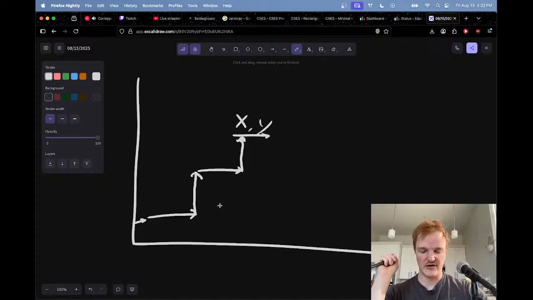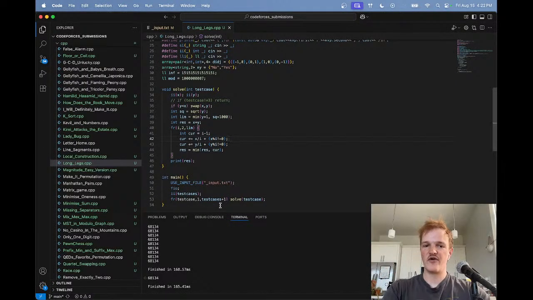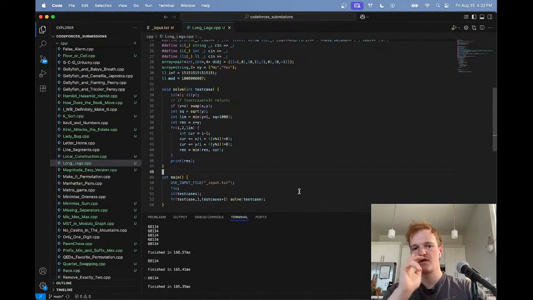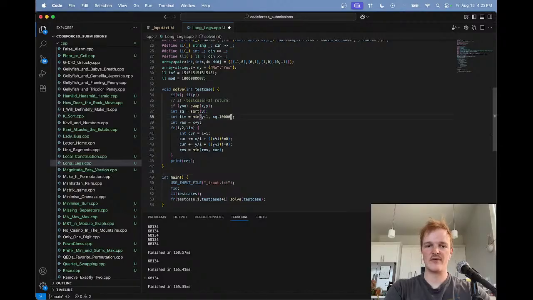Plus x percent i doesn't equal 0. Although I could very much see a problem with it being PEMDAS, because it seems like I don't fully understand the order of operations in C++. No, it wasn't that. What happens if I just say the square root plus 100,000? What happens then?